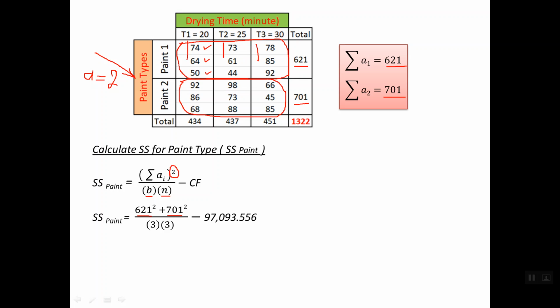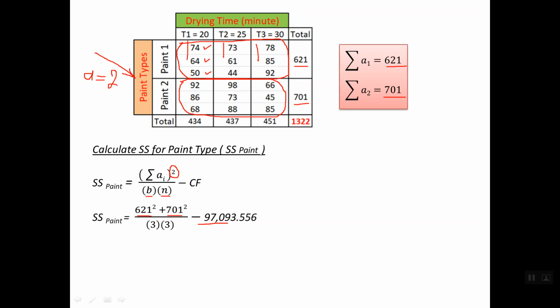So we have 9 observations. So 9 in the denominator represents the total observations for one of the paint types.